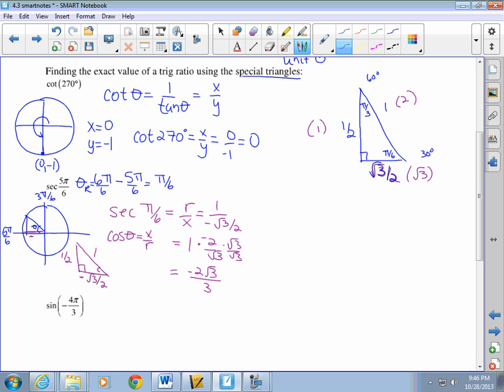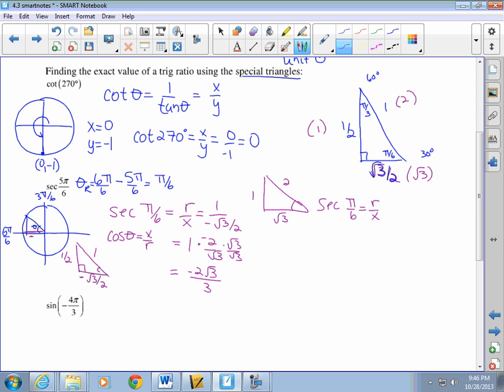Now I'm just going to show you if I had done this so that I didn't use fractions, if I didn't use the unit of 1 for my r value, if I had used my doubled values here. If I go back to this one, my triangle on that circle would look like this. I would have square root 3 here, a value of 1, and a value of 2. So my secant is still r over x.